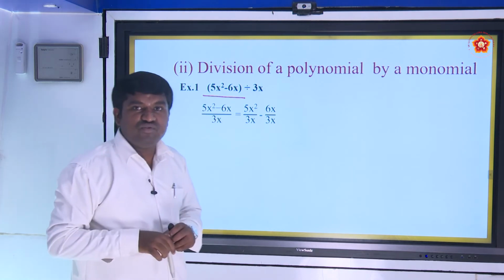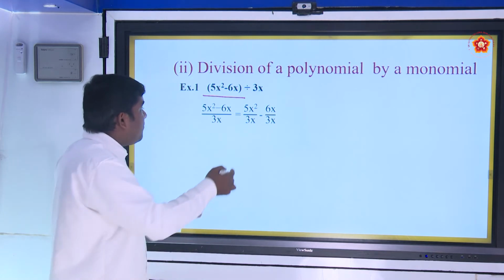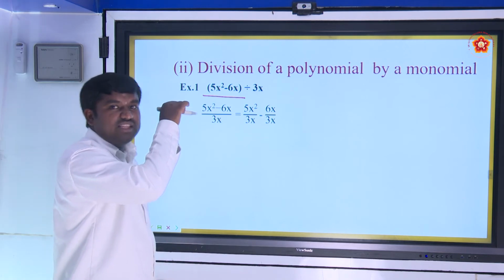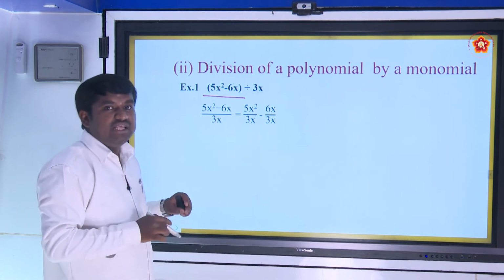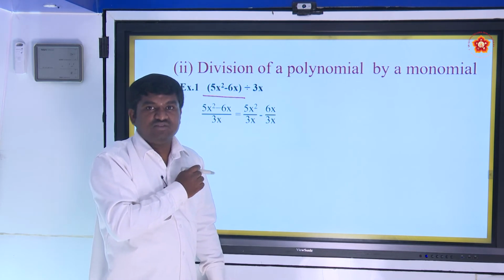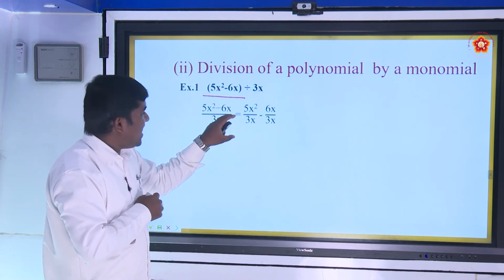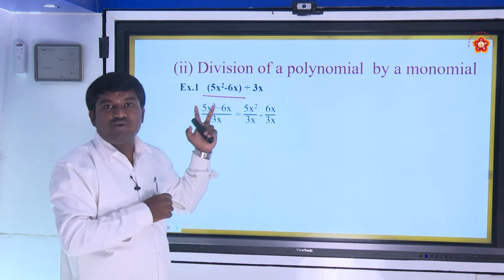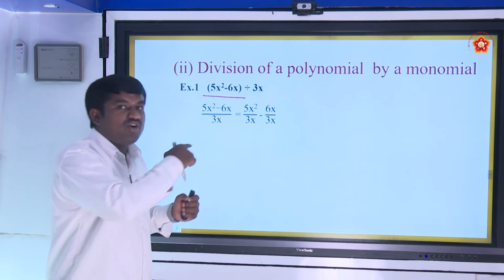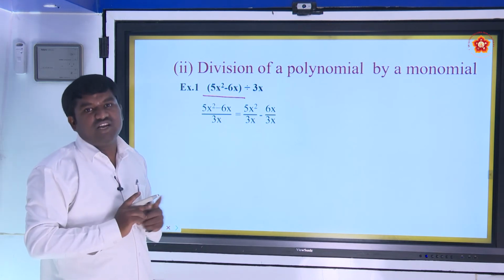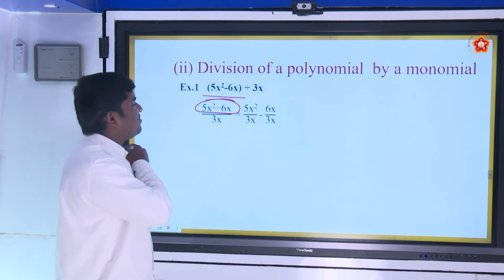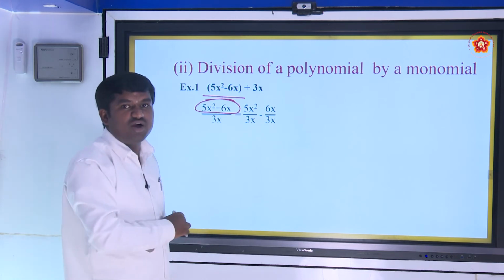What we have to do? First divide each term of the polynomial in the numerator by the monomial in the denominator. Here in the numerator we have 5x square minus 6x, which is a polynomial.